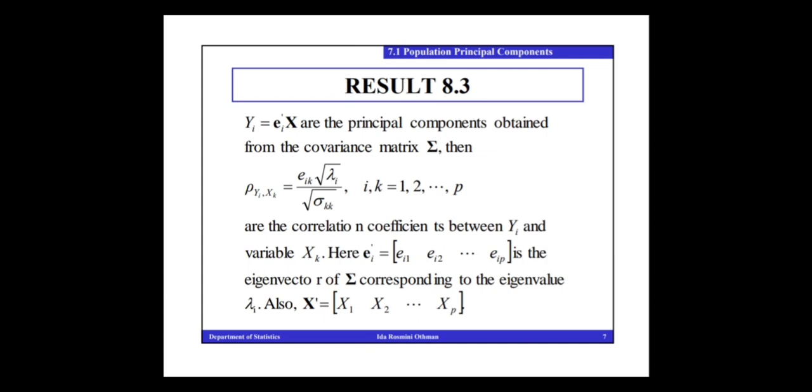So you will have e_i1, e_i2. e_i1 is the eigenvector belonging to the i-th principal component for the first variable, e_i2 is for the second variable. Okay, that is the way you find the value of e_ik.